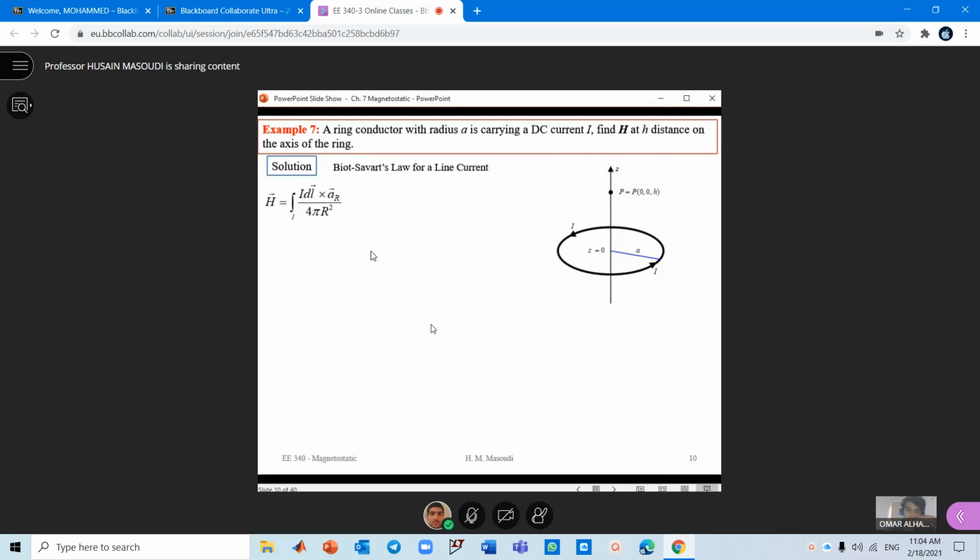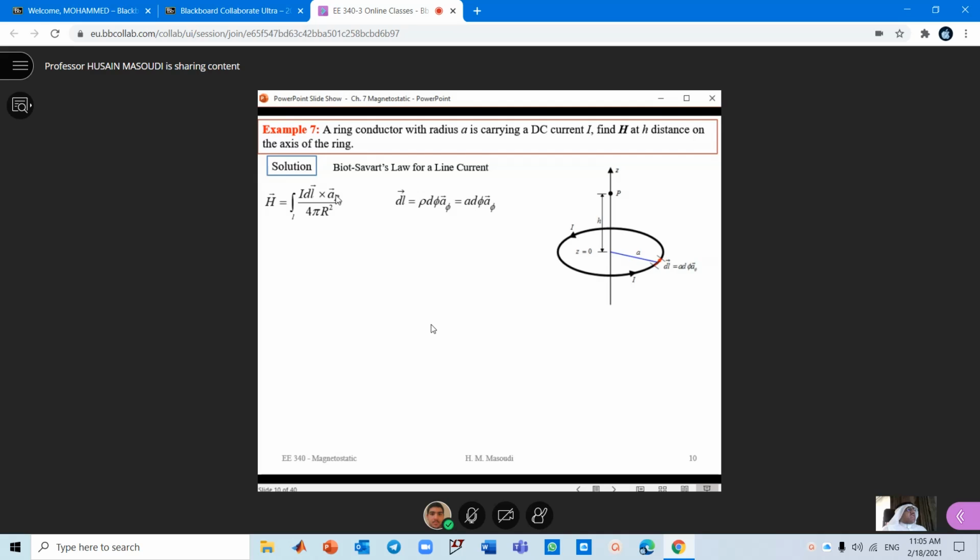The scalar would be rho. Is it rho or a, Omar? Here it's a. Yeah, a, because a is constant. So can I say that dl here is going to be a d-phi a-phi? We just want to learn how to build the problem, how to build it slowly.